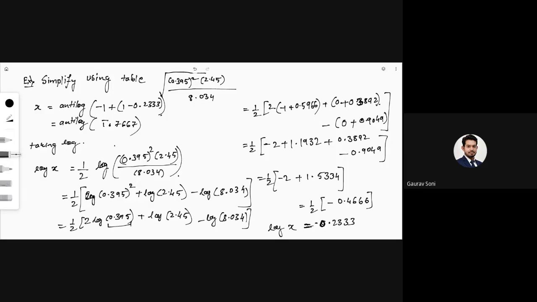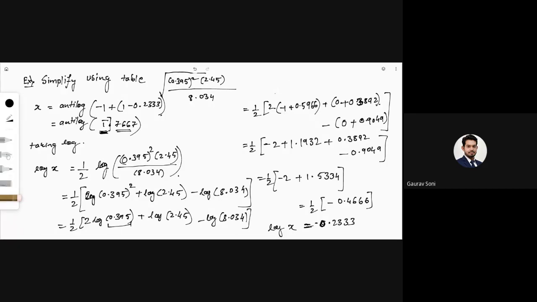Now 1 bar is there. Leave this part. Look at the anti-log table, 7667. Look at 76, then look at the column 6, 5814, and look at the last column 7, it is 9. So 5814 plus 9, 5823. So we can write down the term 5823.